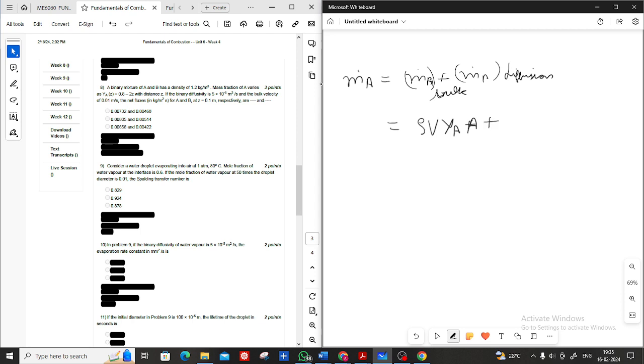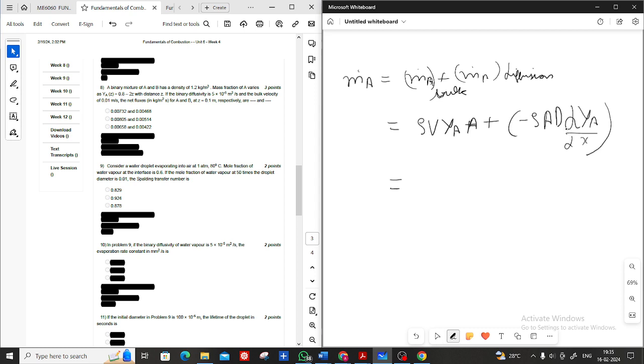Okay, plus the mass flow rate due to diffusion: minus rho, density of mixture, into area into diffusion coefficient into d Ya upon dx. This is the mass flow rate.